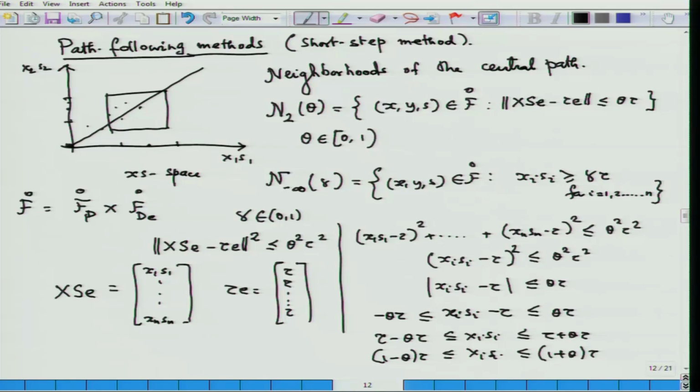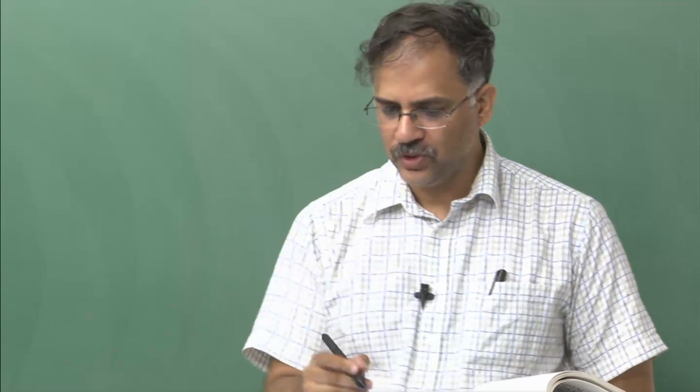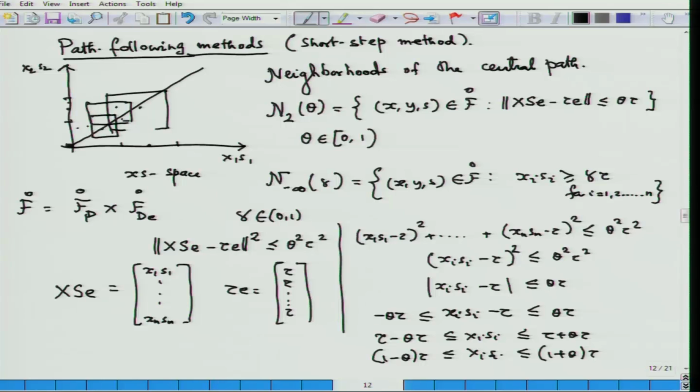So, at every point you take around that you are basically creating these sort of small squares. Of these sort of lengths, the squares, the maximum length that you can have is between 1 minus theta into tau and 1 plus theta into tau. So, within that limit everything should lie. You can keep on changing the x and s's, the taus will keep on changing. So, the lengths of the squares would change. So, basically you would have something like this.